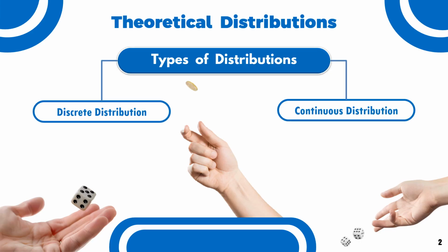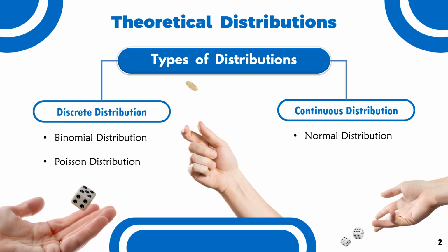Second one is continuous distribution. In discrete distribution, we have binomial distribution and Poisson distribution. In continuous distribution, we have normal distribution and exponential distribution.